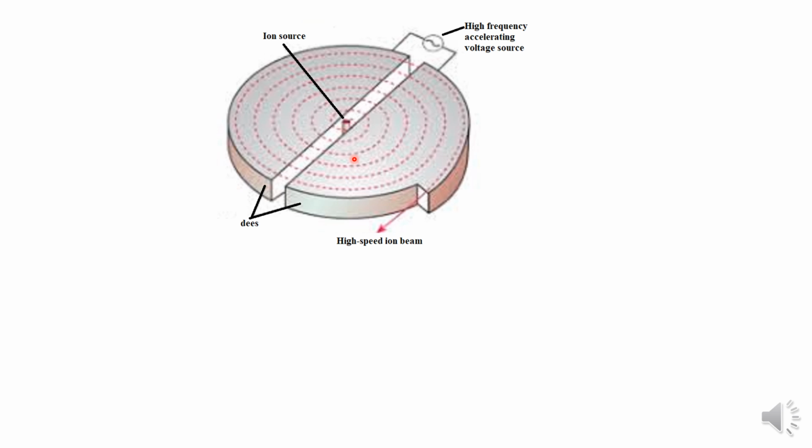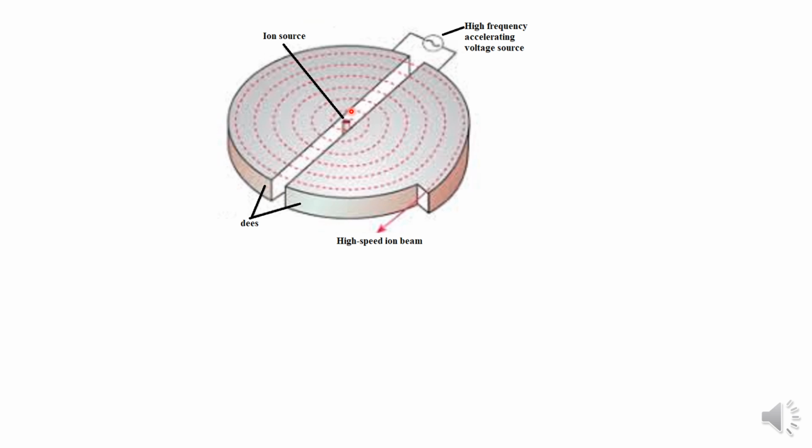Initially, assume this is the electrode D1 and we have used a positive charge. When D1 is at negative potential, the positive charge gets attracted by D1, enters D1 and describes a semicircular path.